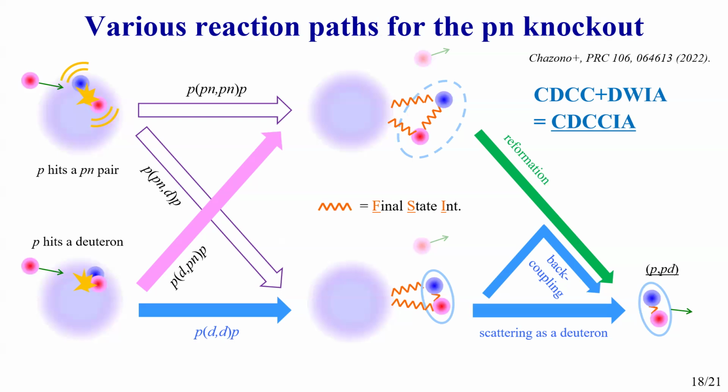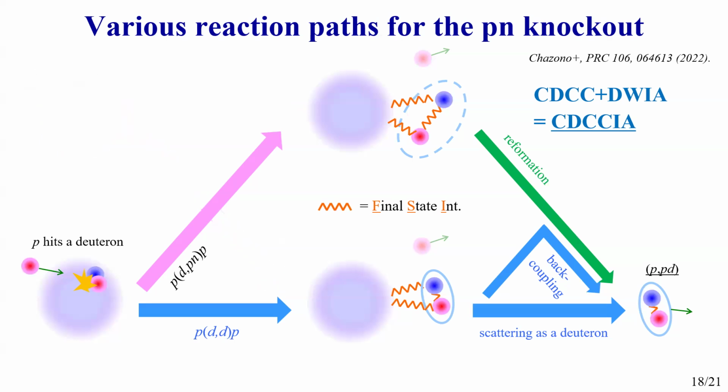But unfortunately, currently, we don't have a good wave function of deuteron and PN pair in the nucleus. So I hope some ab initio calculation can do that. But currently, that is not possible. So we have to concentrate on this reaction parts, starting with deuteron.